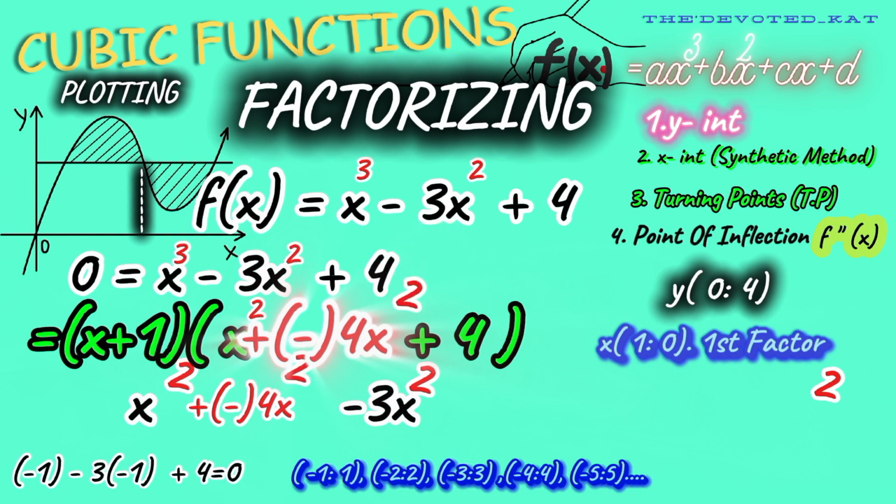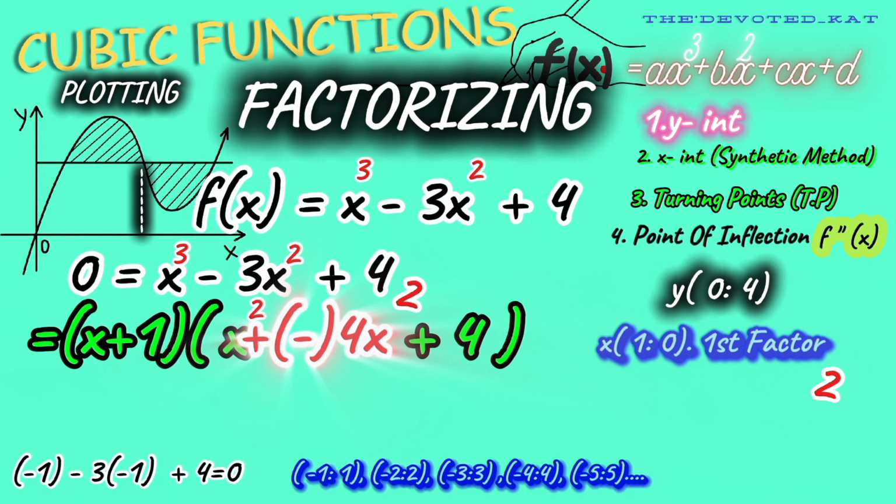So since we have x squared, to find negative 3x squared, we will do what? We will add negative 4x squared. So negative 4x squared plus x squared will give us negative 3x squared. Then this holds our equation to be true.